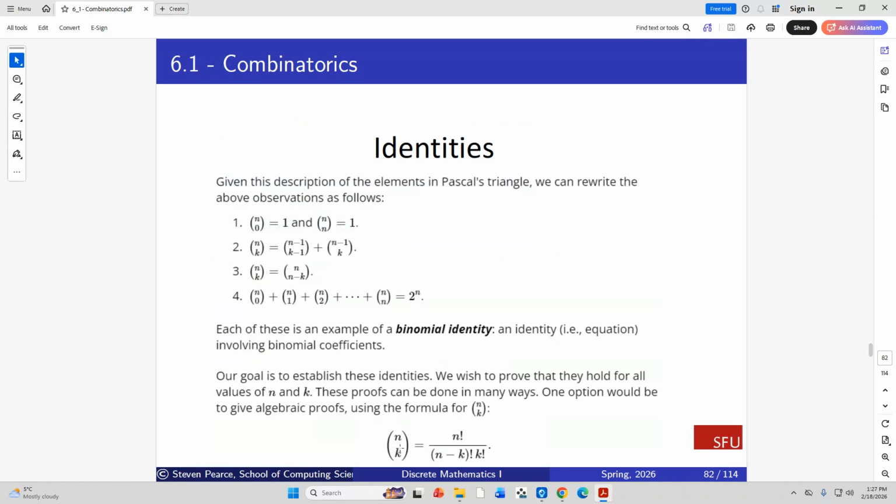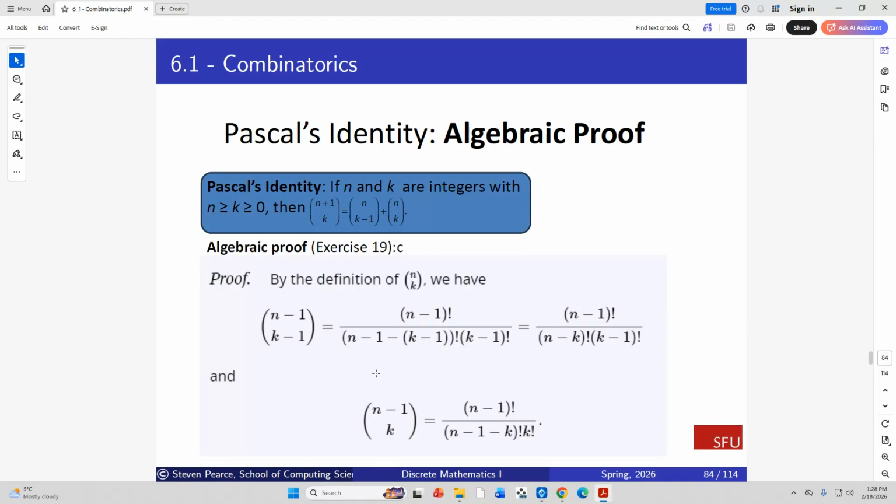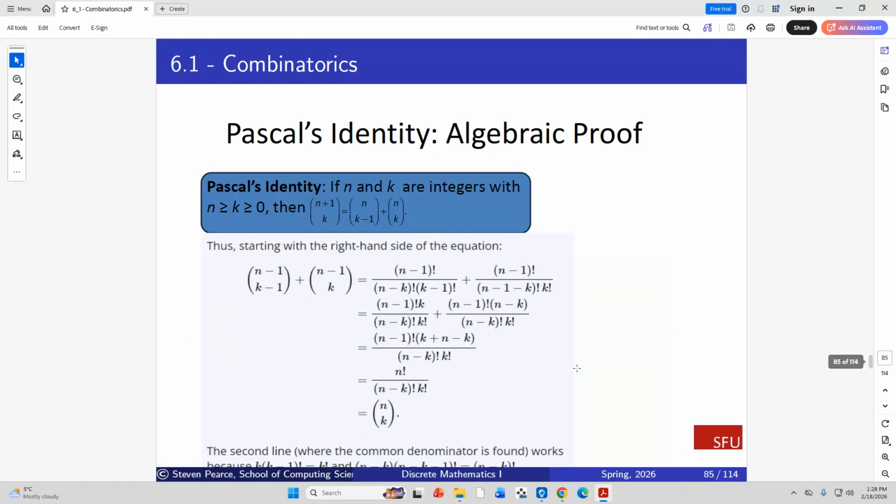N becomes n minus 1, k becomes k minus 1. So you just put that in the denominator, you simplify terms, and you end up with n minus 1 choose k equaling these terms right here. So that's just summarizing the top of what we've done here.